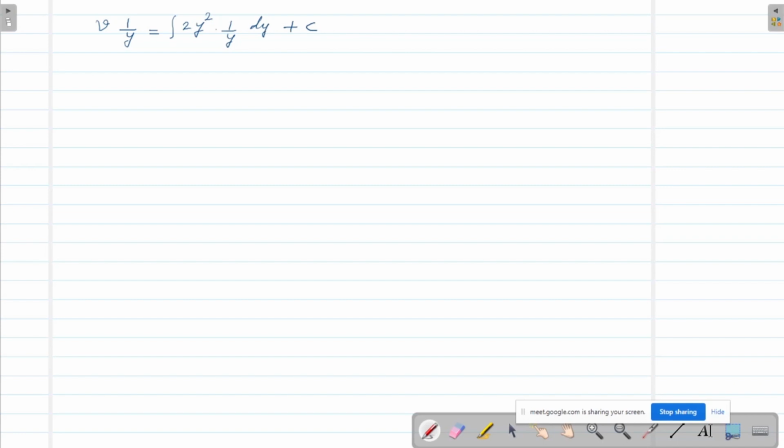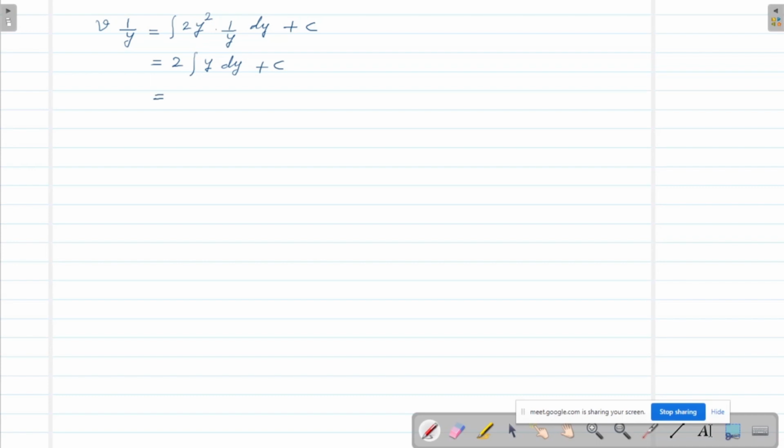Just simplify this. So you will get 2 outside, 1 y cancels, this becomes only y here, and dy plus c. Now just integrate this.